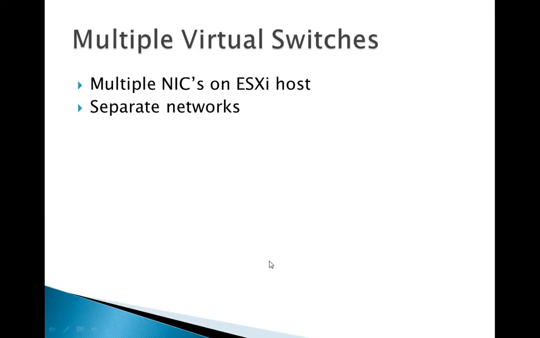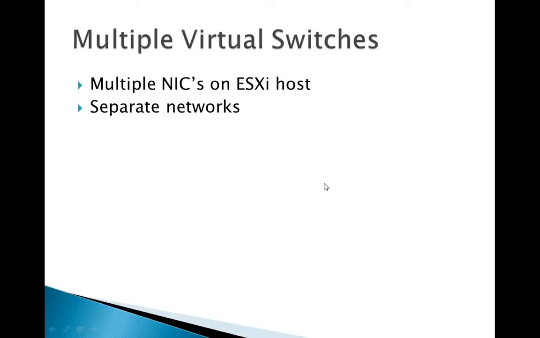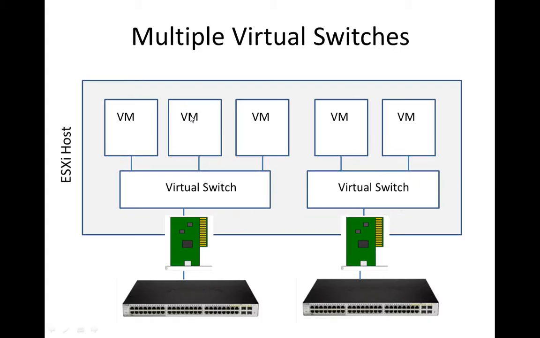You might have multiple virtual switches. This diagram shows a single virtual switch, but you might have multiple virtual switches if you had multiple network interface cards on your ESXi hosts and separate networks. For example, here at CCBC, we have two separate networks, the student network and the administration network.